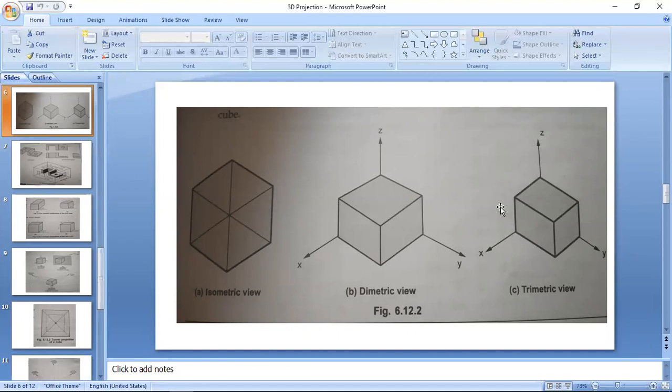Similar projections you have also studied in engineering drawings. Okay, you have similar concepts there. Front view, front projection, top projection, side projection.